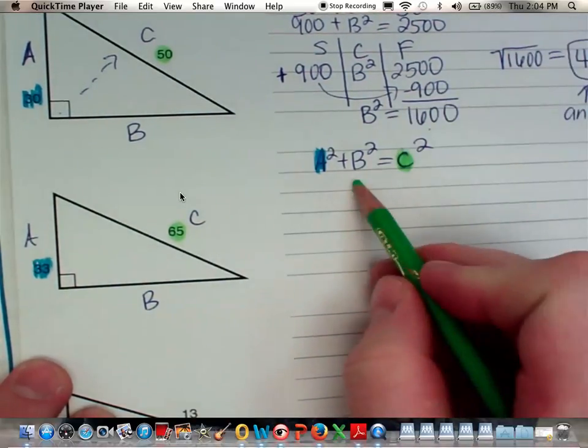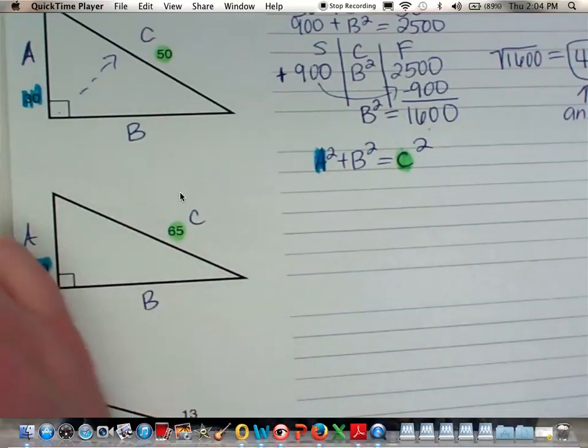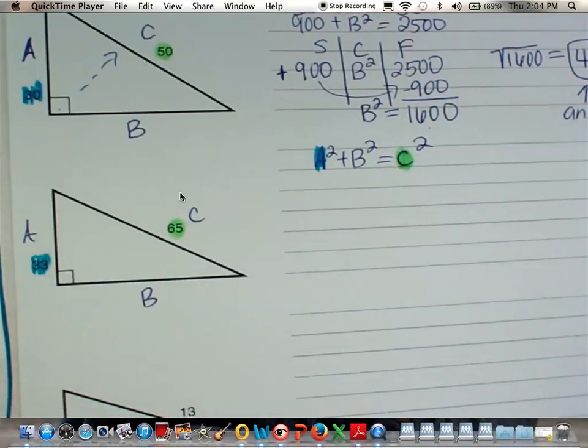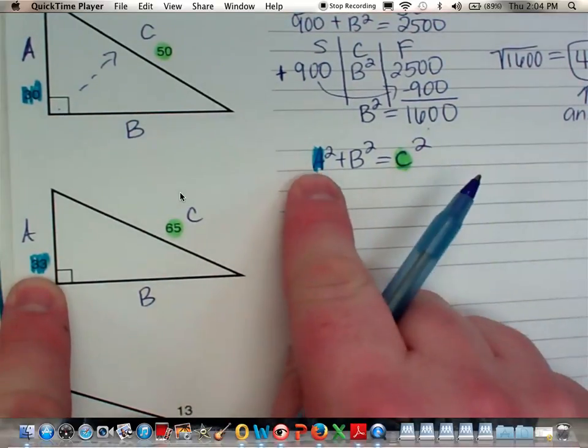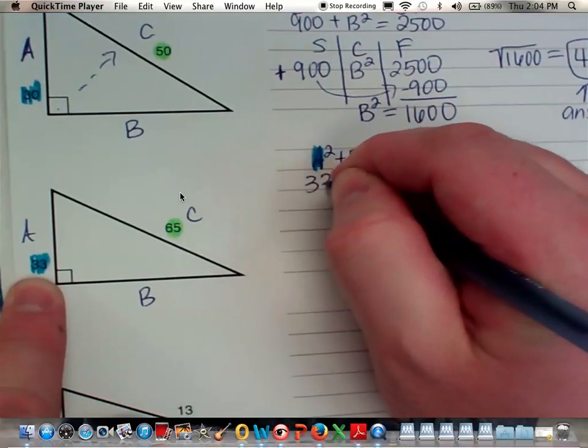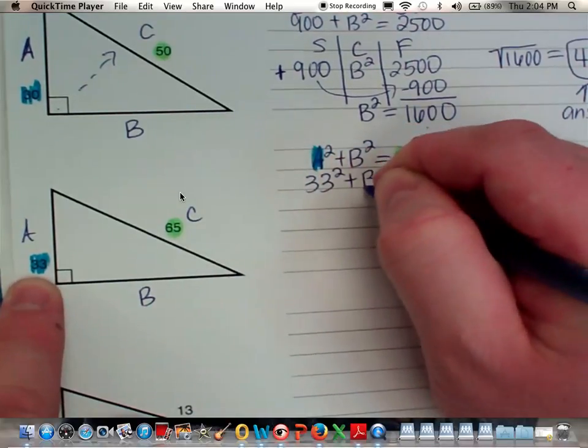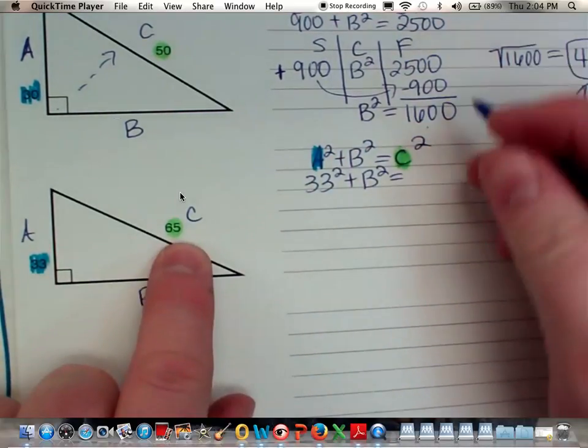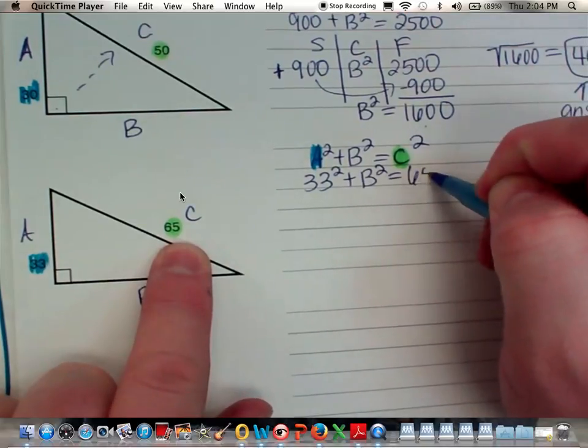And it looks like I'm solving again for B. So I'm just going to write those in. Blue 33 goes in here. 33 squared plus b squared equals, there's my green 65. 65 squared.